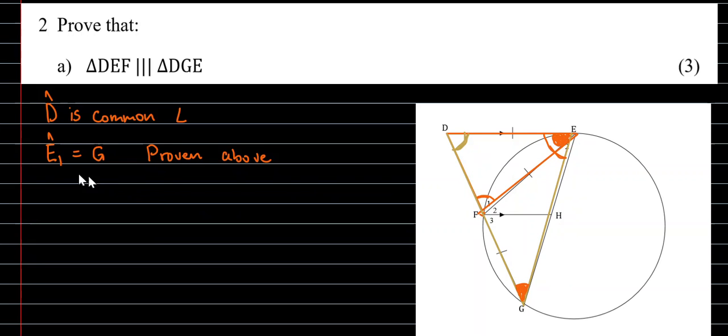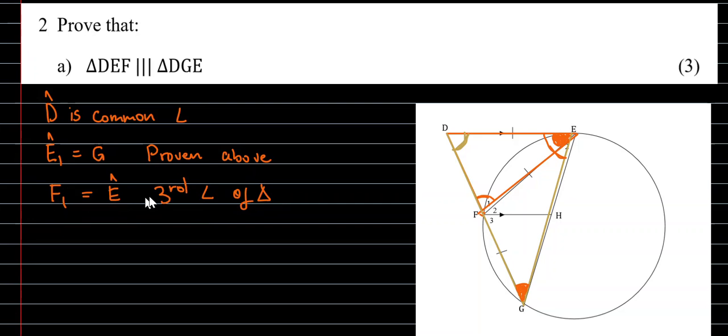So you can just say angle F1 is equal to angle E as a whole, even if you don't say E1 plus E2. If you say angle E, it will be enough. So just say here you have your third angle of a triangle.